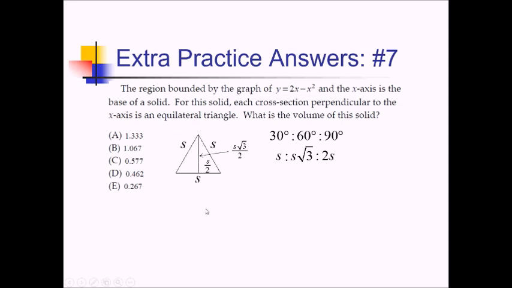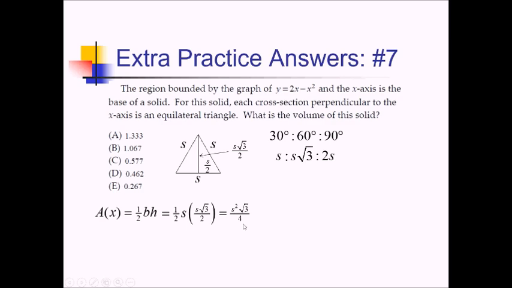So when I rewrite my triangle area formula, which is initially 1/2 base times height, in terms of s, I'm going to rewrite this as 1/2 times the base s times the height of s radical 3 over 2. And that's a little bit of a mess. I'm going to simplify this a little bit as 1/4, and we'll have an s squared radical 3 on top. So s squared root 3 over 4.